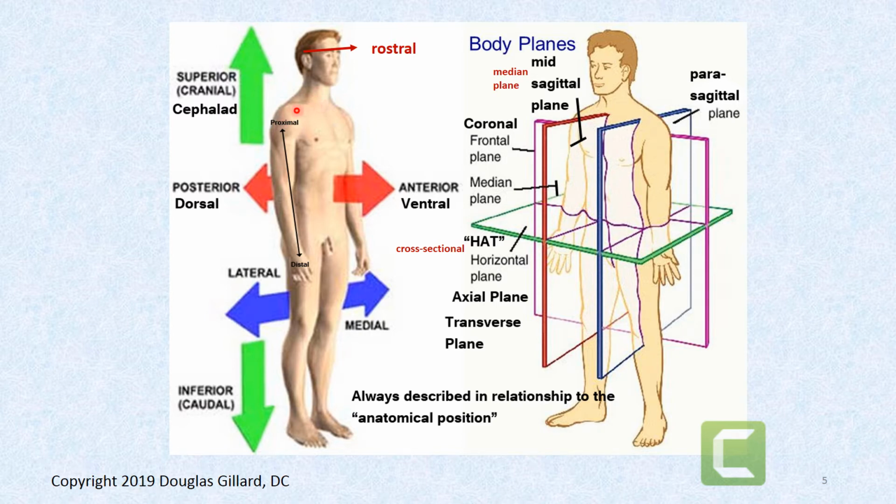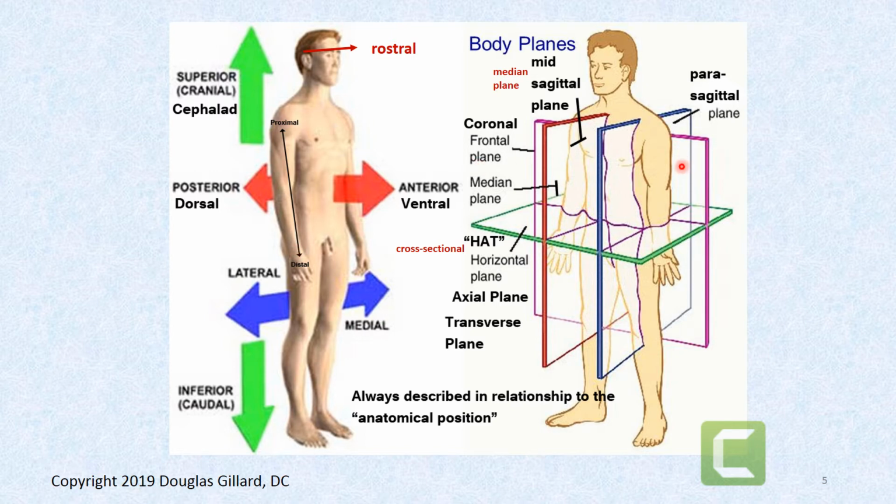The cervical spine is medial in relation to the shoulder. Okay, basic stuff. Proximal and distal we've done before, but distal means more distant. So the wrist is distal in reference to the elbow. It's distal in reference to the shoulder. And vice versa, the shoulder is proximal in relation to the elbow. It's proximal in relation to the wrist.